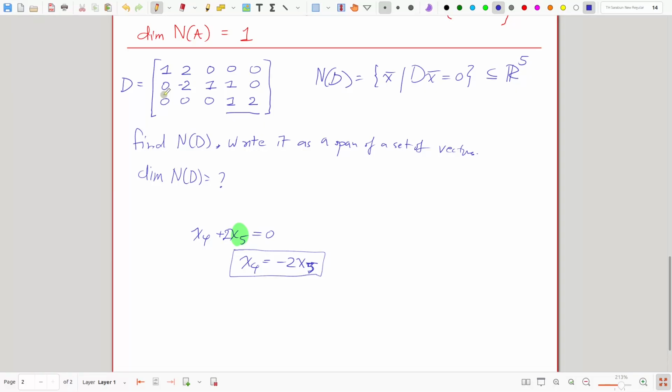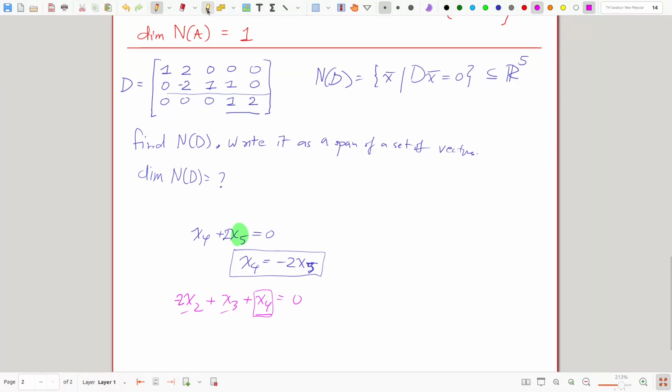Now let's plug it into this one. This equation is minus 2x2 plus x3 plus x4 equals 0. Now x4 is set, but x4 depends on x5, right? Now we have 2 variables left, x2 and x3. Which one do you like to set? Let's set x2.